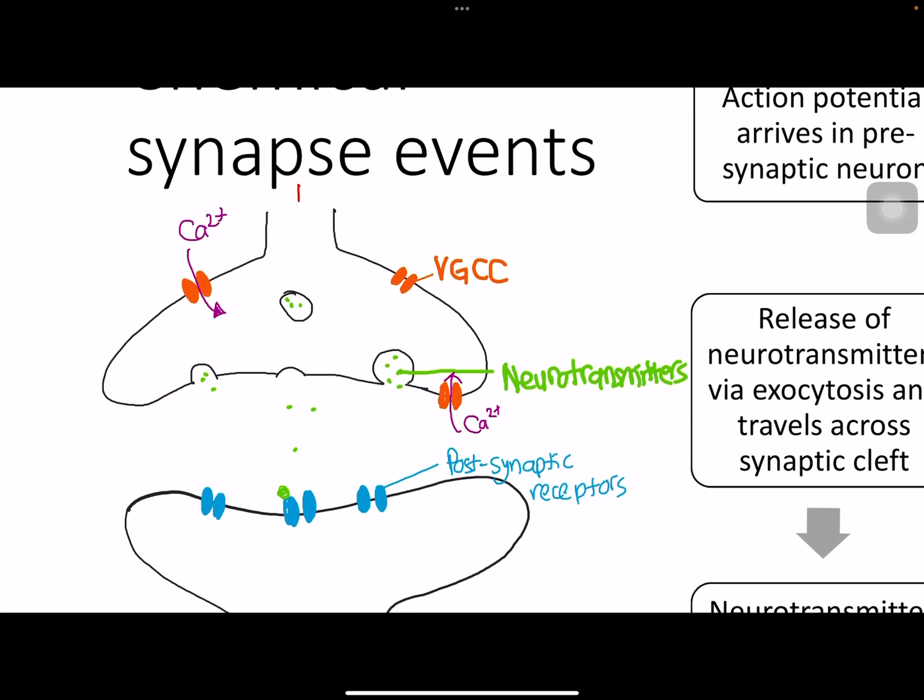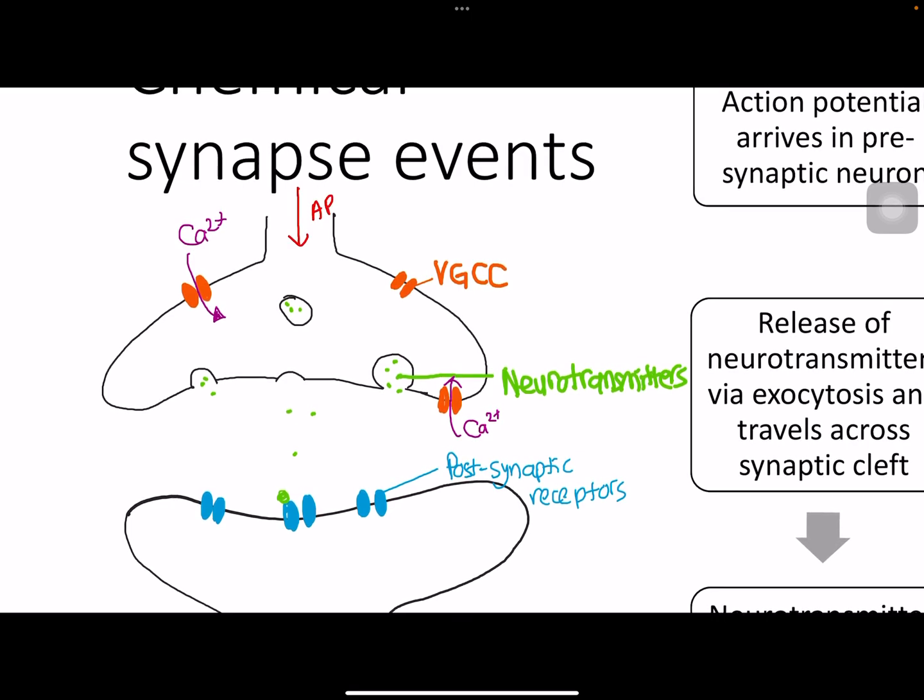The first one is the arrival of the action potential in the presynaptic neuron. So when the action potential arrives in the presynaptic neuron, what happens to the synaptic end bulb? There will be depolarization of the synaptic end bulb. With the depolarization occurring here, it will then stimulate the opening of a special channel known as the voltage-gated calcium channel.